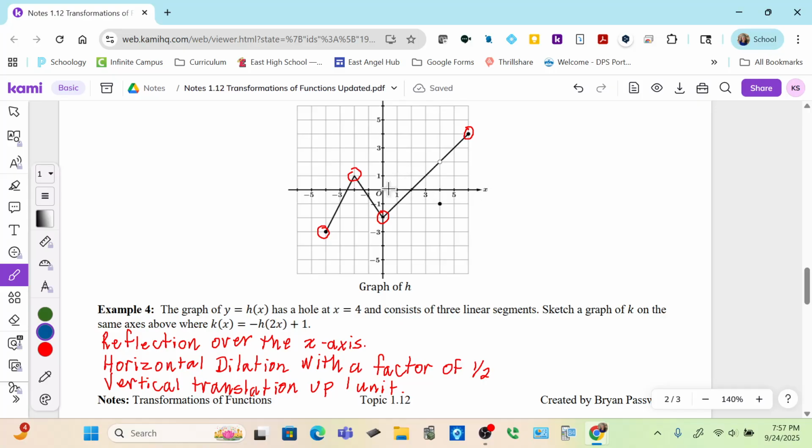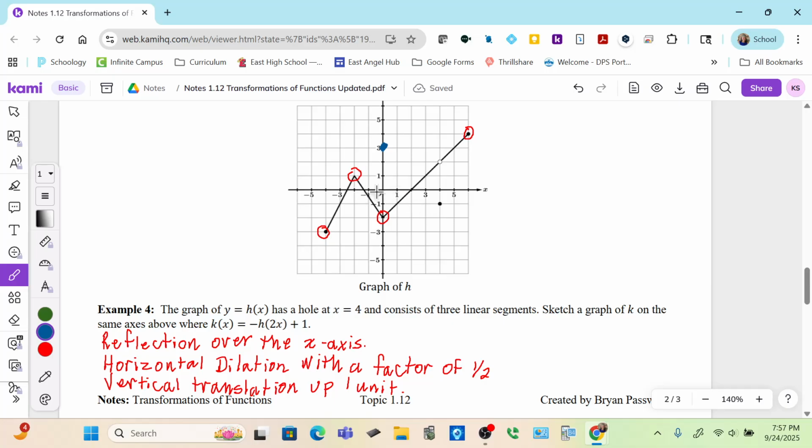I'm just going to start with the one that has an x value of 0. Because it has an x value of 0, if I multiply that by 1/2, it isn't going to go anywhere, so I know that it is going to stay on the y-axis. If it reflects, then instead of being at -2, it's going to come up to +2, but then we have that translation up 1 unit, so that moves it up to 3 on the y-axis.